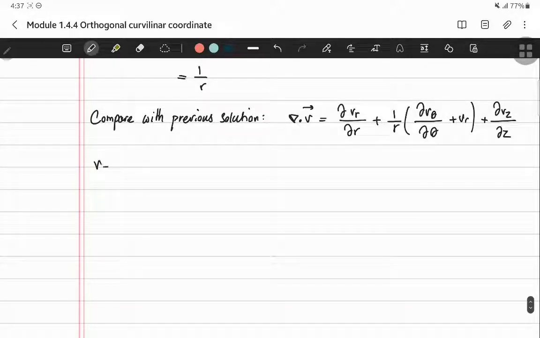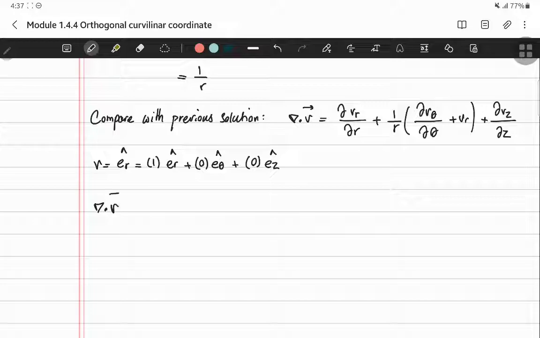And here v is equal to er, which is basically 1 er plus 0 e theta plus 0 e z. Therefore, the divergence of er is nothing but this is 1, but this becomes 0, this is 0, and this is also 0. So the VR is 1, and finally we get 1.